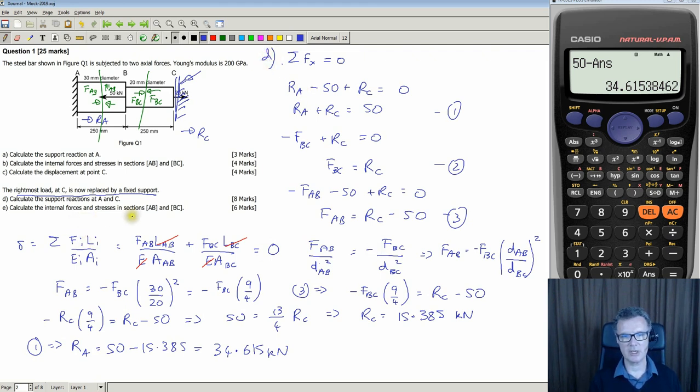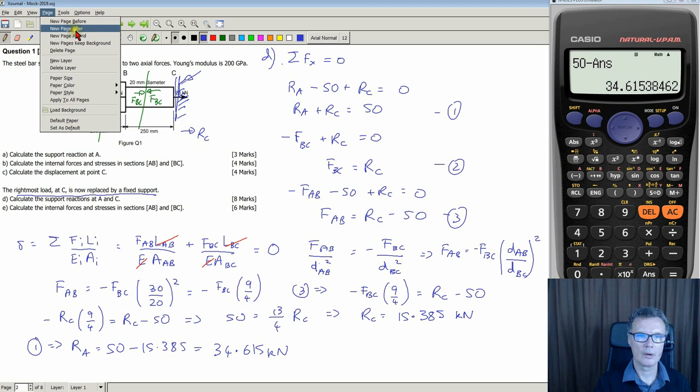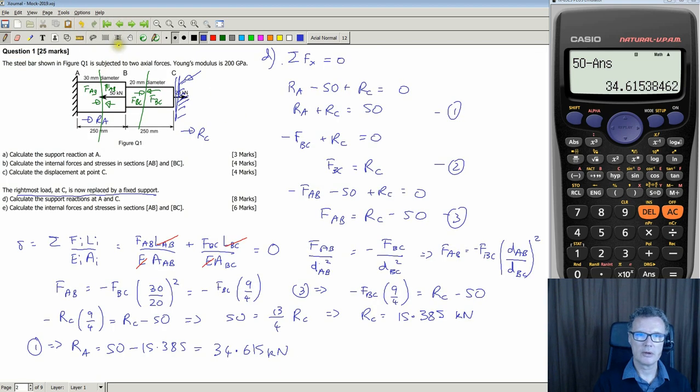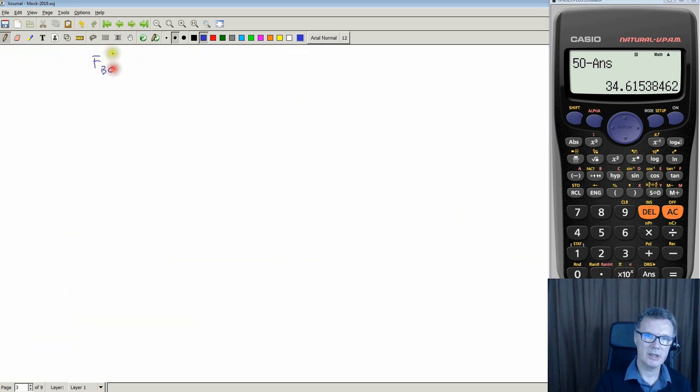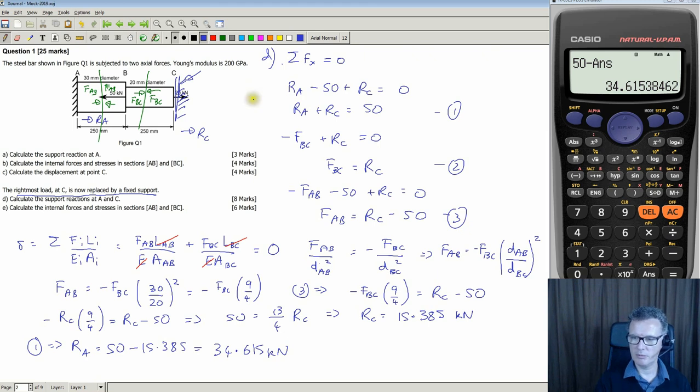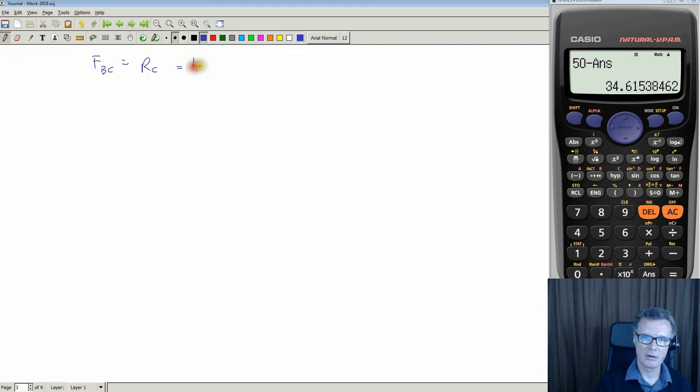Calculate the internal forces and the stresses AB and BC. So we're just really going back to equation 2 and equation 3. So equation 2, FBC equals RC. And what does RC equal? 15.385. And that's kilonewtons. So let's find the stress for that.